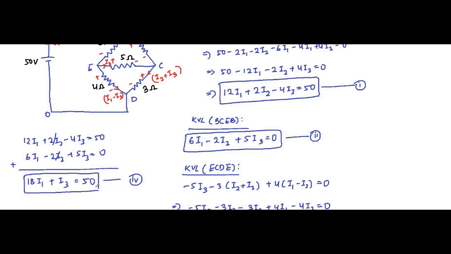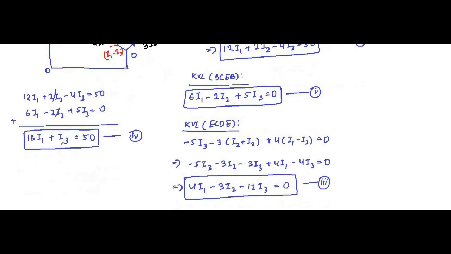Now let us take equations 2 and 3. We'll write 6I1 minus 2I2 plus 5I3 equals 0, and 4I1 minus 3I2 minus 12I3 equals 0.